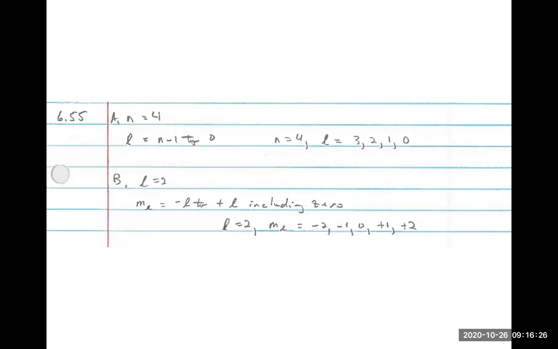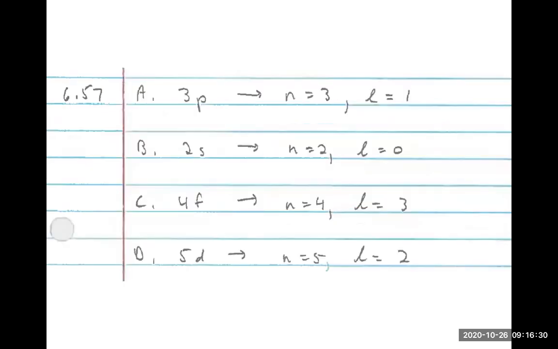Okay, let's look at 6.57. What are the numerical values for N and L corresponding to each of the orbital designations?